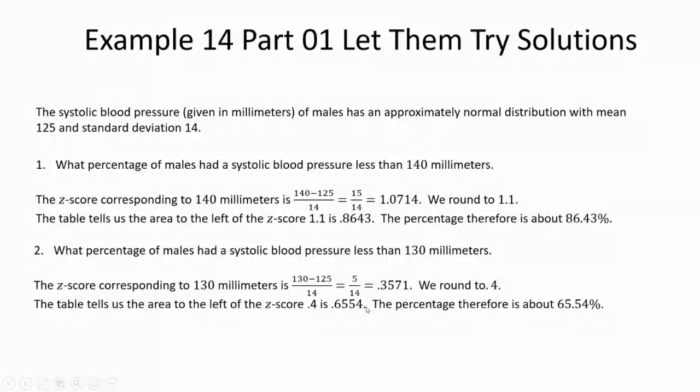Okay, so going back to the notes again, from that table we get this. And again, you convert to a percentage. So this is the area to the left of that z-score. And that's what we were looking for.